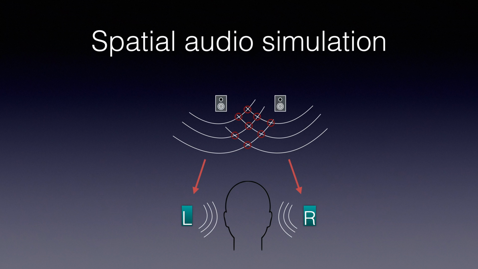So what spatial audio does, instead of pumping the left and right directly into your ears, it simulates, alright, what if you're listening on speakers right in front of you, and it calculates how the sound would interact with itself, and then calculates what each ear would be hearing, and then pumps that into your ears.